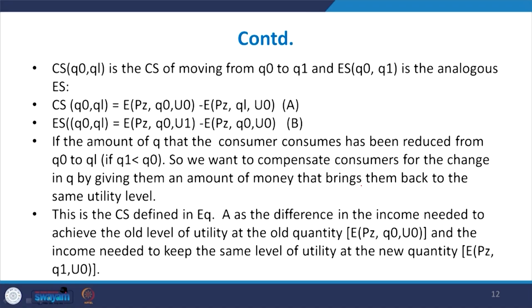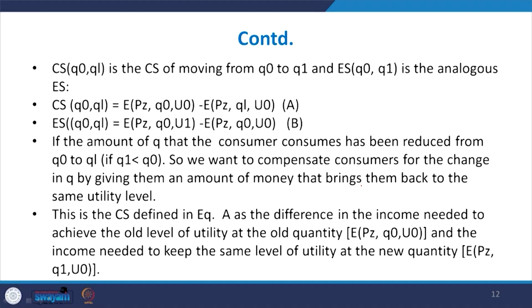So, if the amount of Q that the consumer consumes has been reduced from Q0 to Q1, it means that the quality of the environmental product declines. So, we want to compensate the consumer for the change in Q by giving them an amount of money that brings them back to the same level of utility.